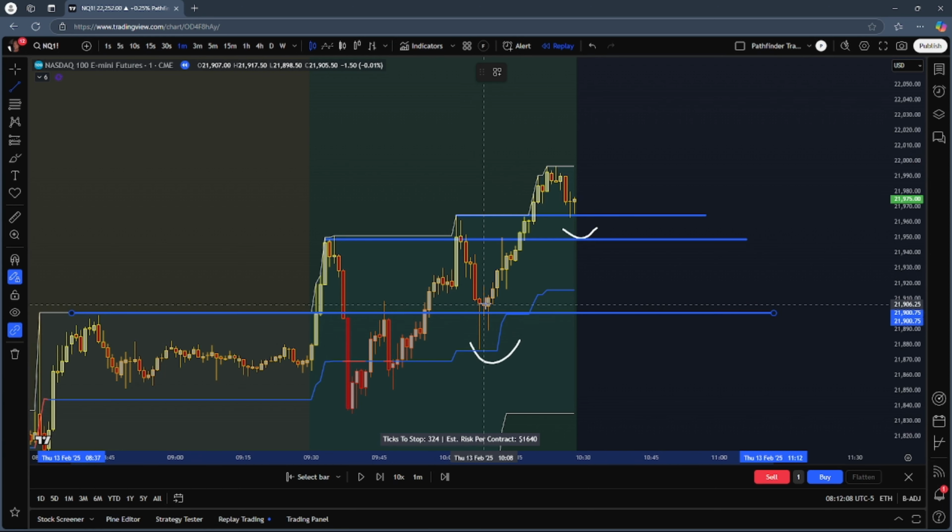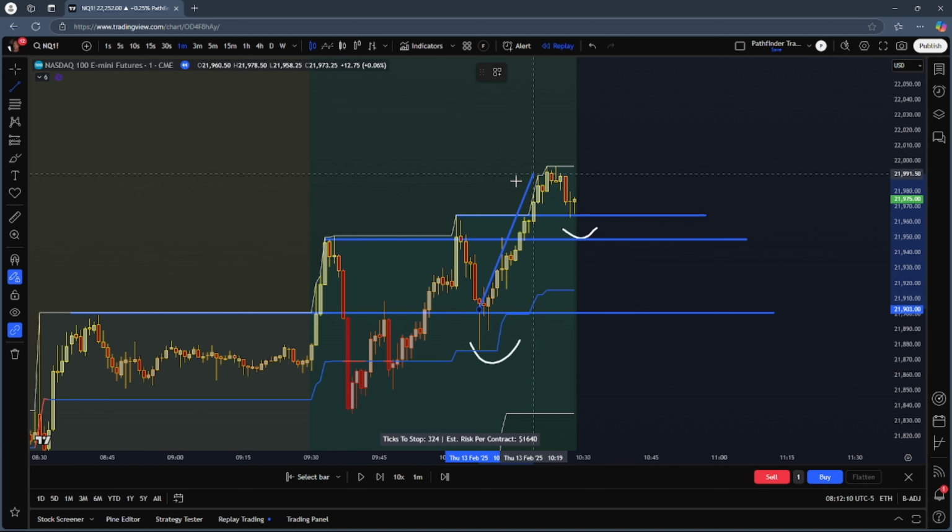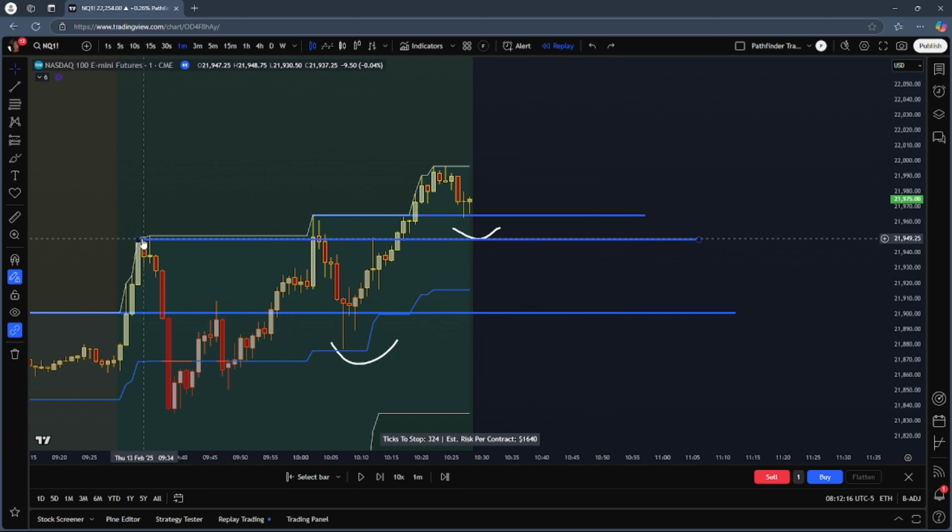But it wicked off of this, and then the market continues upward. Then we have this area of support, which the market rejected from twice. And that was resistance. Okay, so this is called resistance.